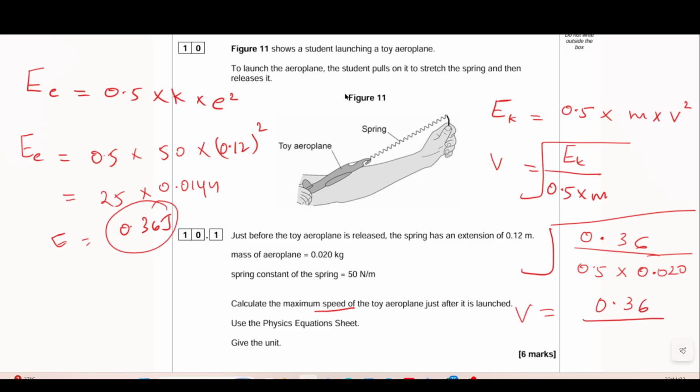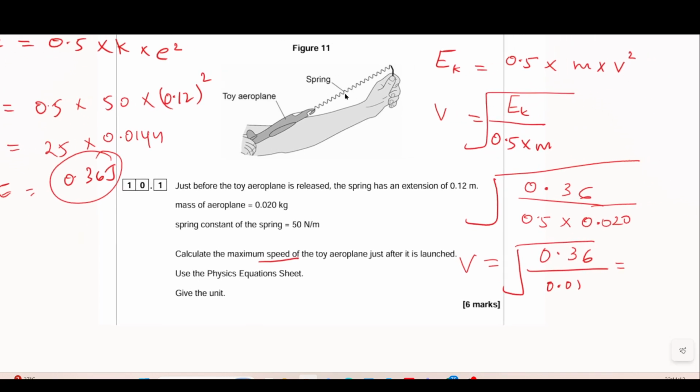Equals 0.0144. Is that your answer? After it, square root of 0.0144.